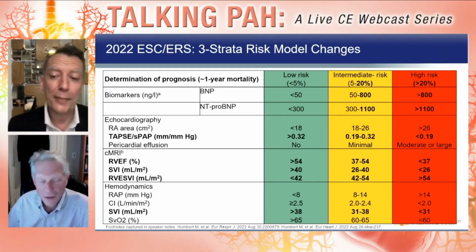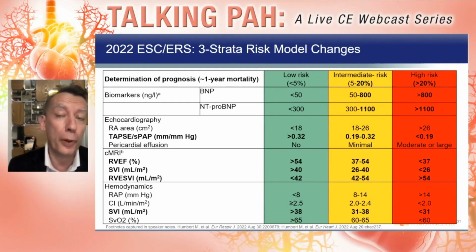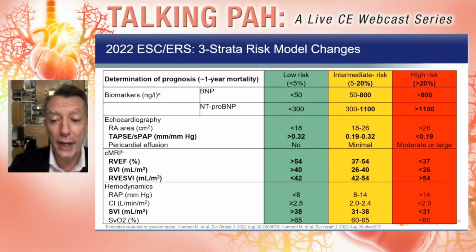It is exactly the same answer as the one you asked me on mean pulmonary artery pressure at 20 or more. In fact, in the systematic review and meta-analysis we performed, and there is a lot of literature right now on that topic, the real upper limit of normal of PVR is 2 Wood units.